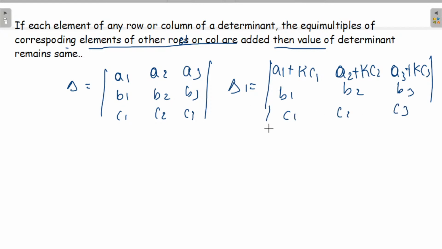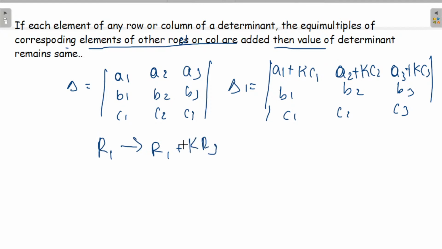This is what I take as delta 1. Now how is this delta 1 obtained, you may ask. It is obtained by the elementary operation R1 plus k into R3.